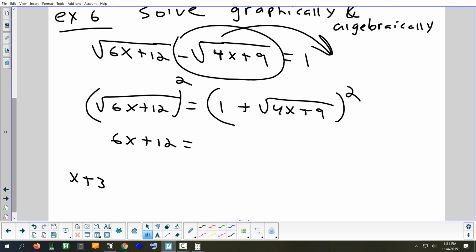Now, on the right, how would you do something like this? What do you have to do there? Square each term. More than that. However you would do this out, you have to do that the same way.